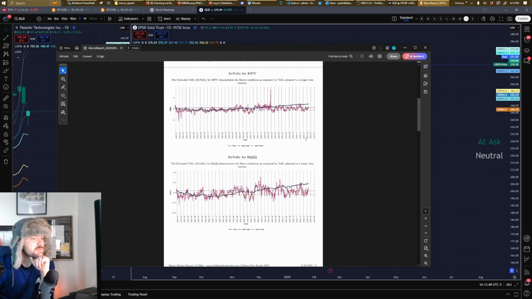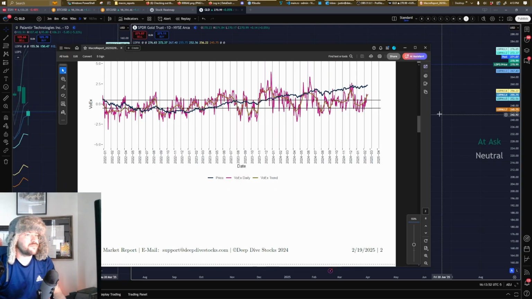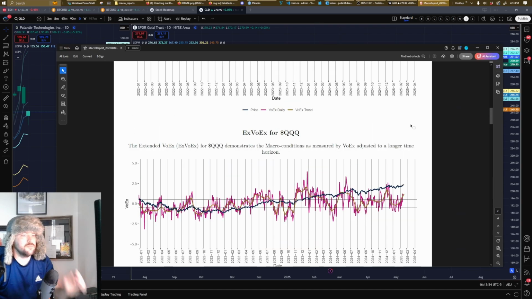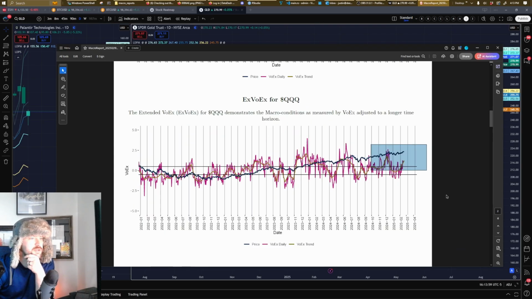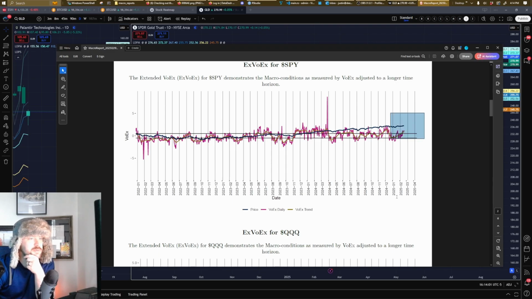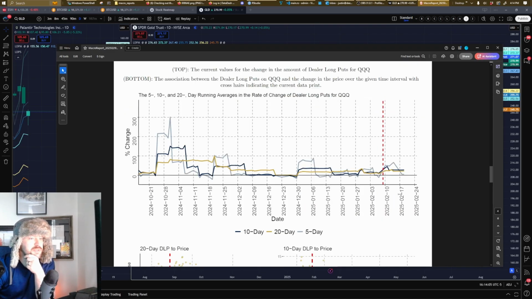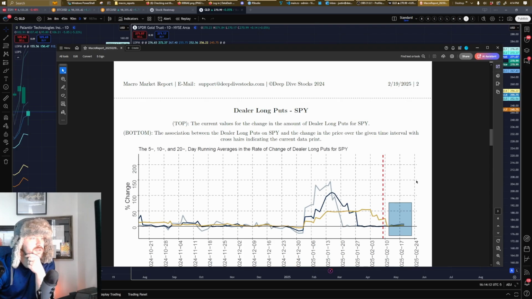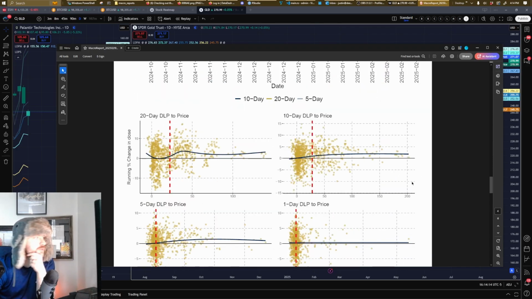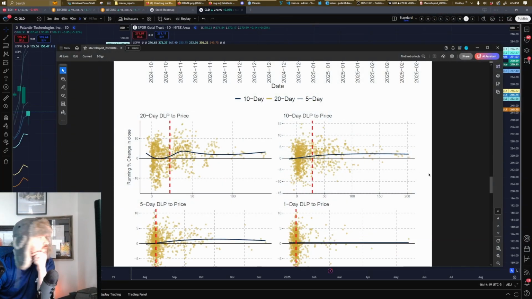Varex, in the inhibition zone. So we're in bullish until proven otherwise with QQQ and SPY on traditional Varex. Minimum put selling. So we have near zero on SPY, near zero on QQQ.